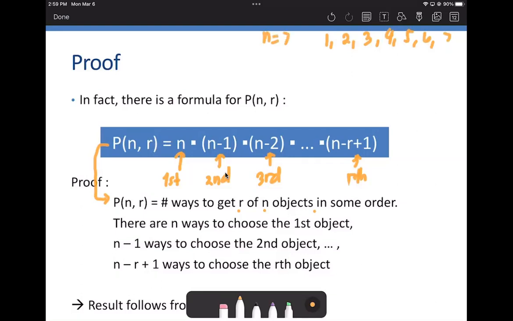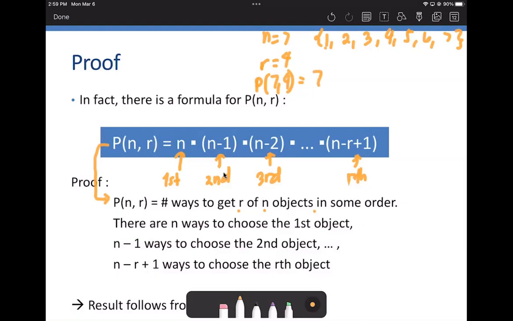All right, and we are tasked to select, let's say, 4 numbers from this set, 1 to 7. That will basically be equivalent to P of 7 given 4. So it said here that there are N ways to select the first number. We can see that indeed it is correct. There are 7 ways.